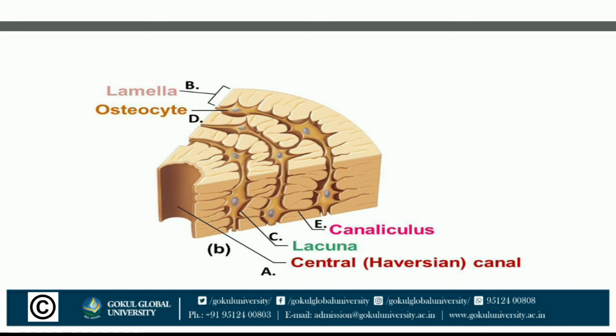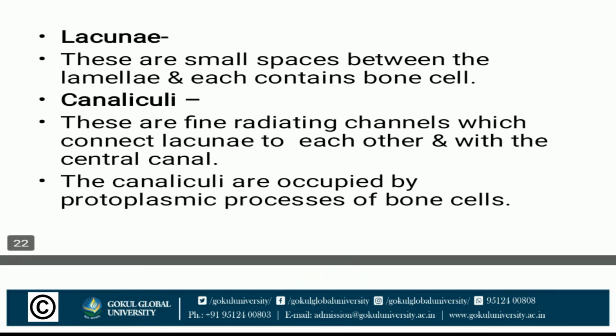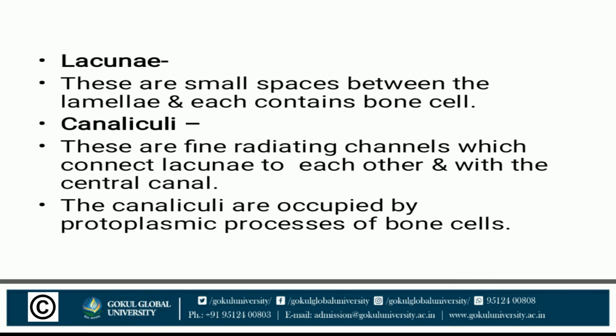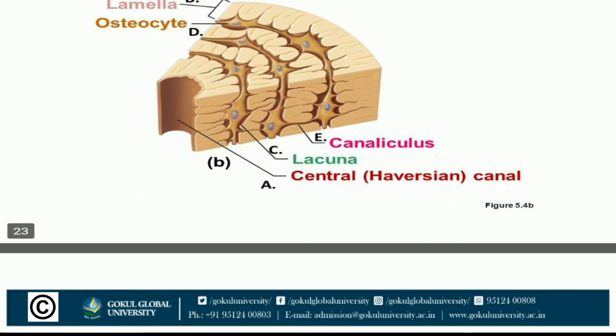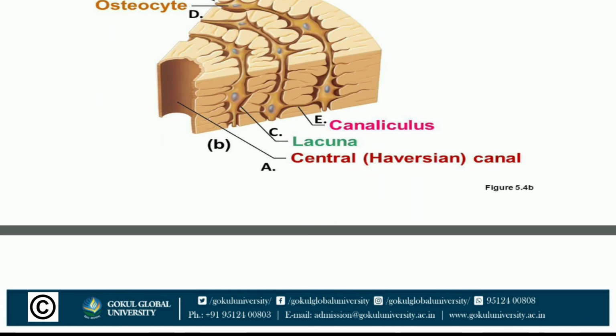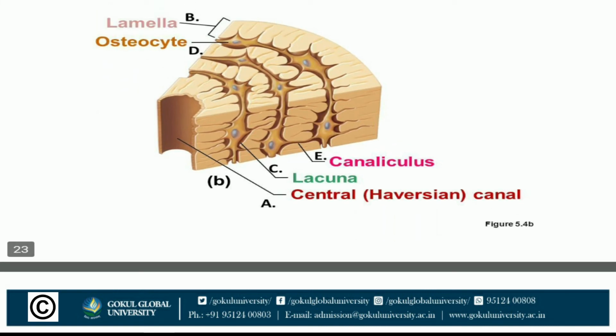First the central or Haversian canal, then lacunae, then canaliculus, lamellae, osteocytes, bone cell. The canaliculi are occupied by the protoplasmic processes of bone cells. You are not able to see it and it is not written, but imagine that there will be a protoplasmic process.